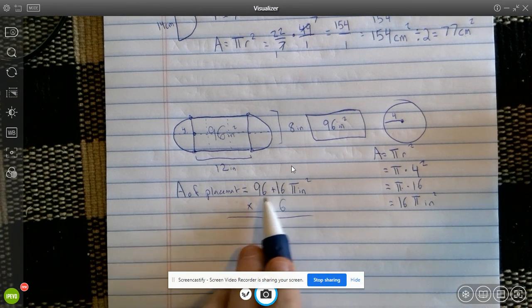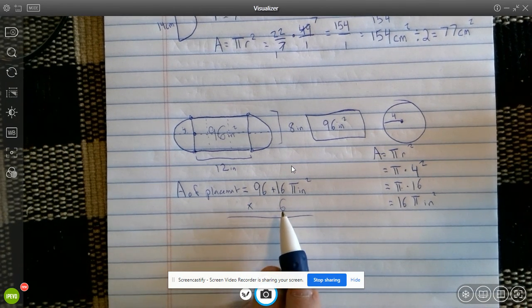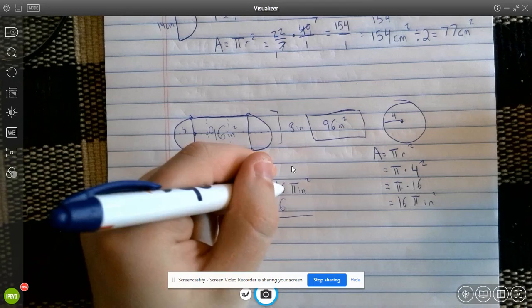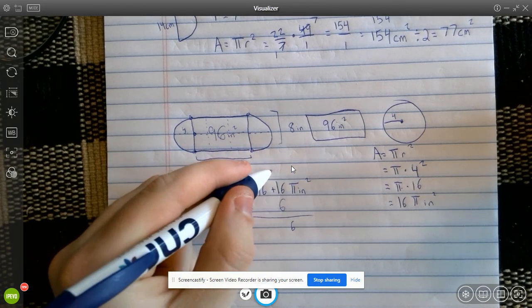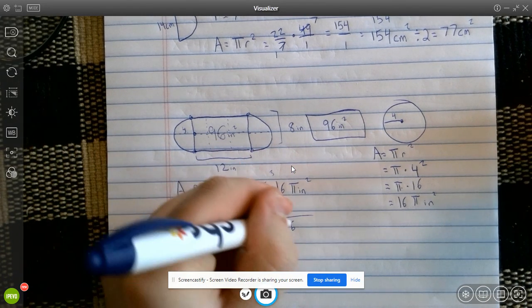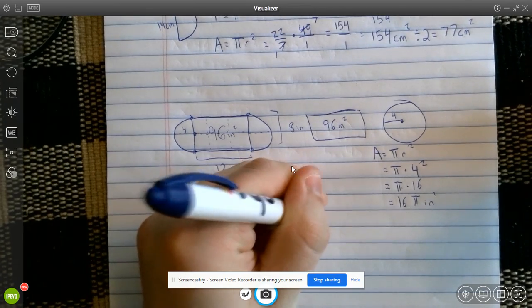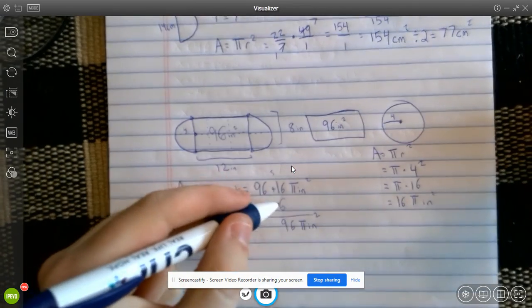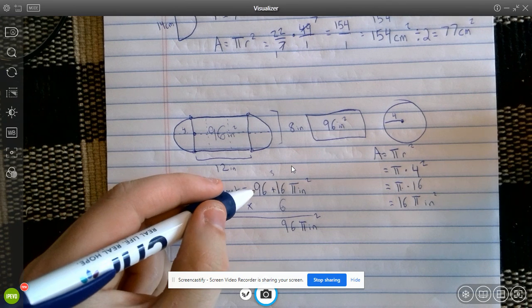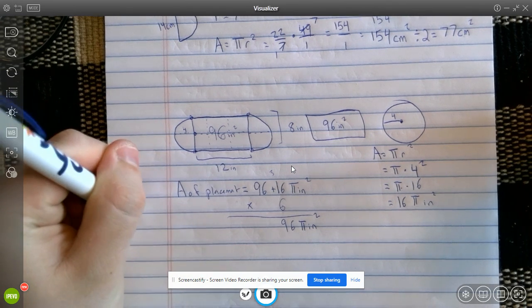If it was just numbers, we could, but because we have that pi symbol, we can't. However, combining is adding. We're multiplying here. So we can do 16 times 6. Well, 6 times 6 is 36. And 6 times 1 plus 3 is 9. So 96 pi inches squared. But we're also multiplying 6 times 96 here as well. So we'll do that off to the side.